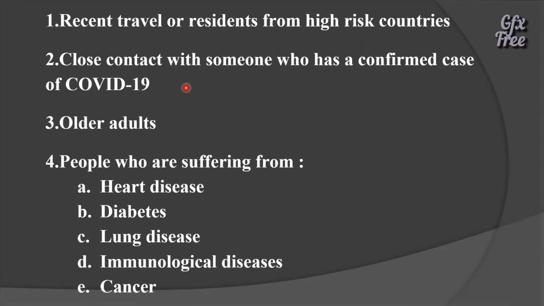They all are close contacts. Older adults above 60 to 70 years, and people who are suffering from diseases like heart disease, diabetes, lung disease, immunological diseases, and cancer all come under high-risk categories of COVID-19.